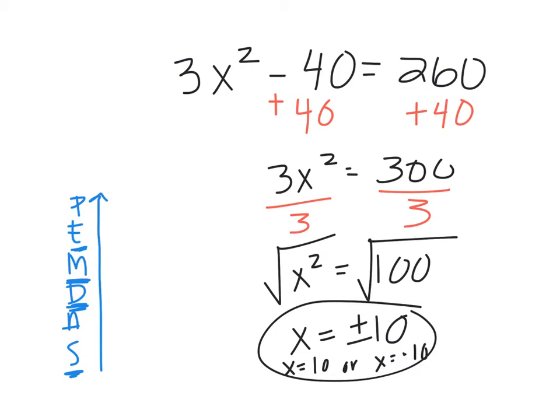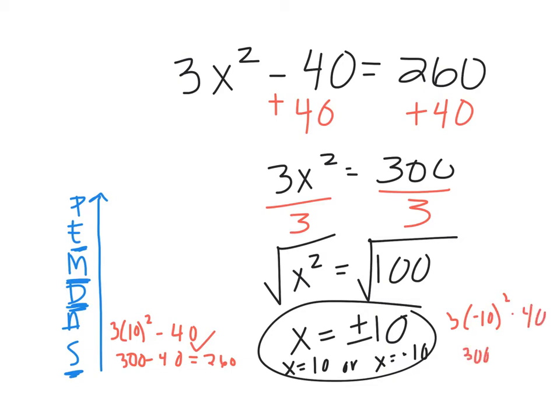That makes sense because if we do 3 times 10 squared minus 40, 3 times 10 squared is 100, so 3 times 100 is 300. 300 minus 40 does in fact equal 260. Same thing if we do negative 10. That gives me 300 minus 40, which is 260 again.